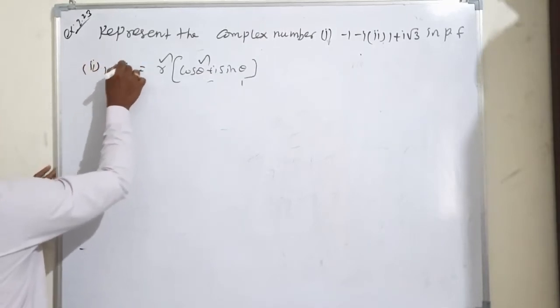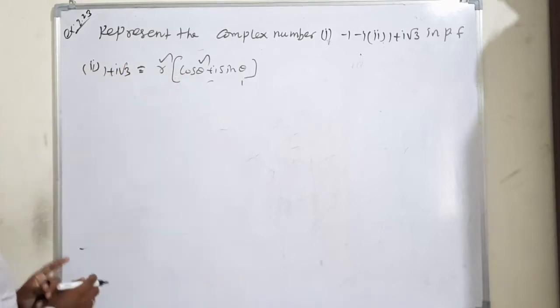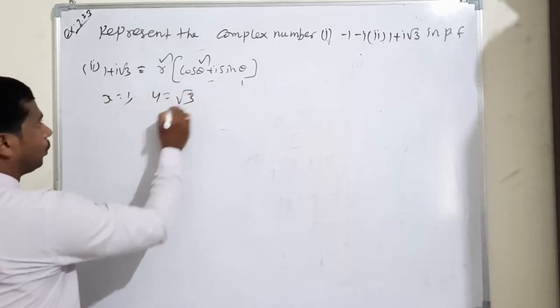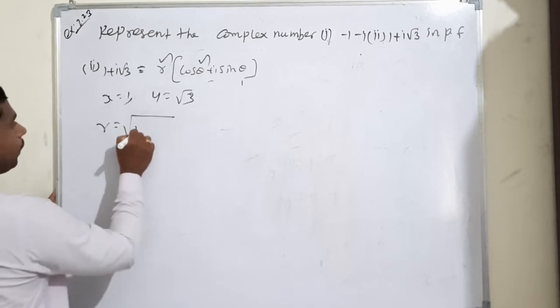The same basic form, r into cos theta plus i sin theta. What is the value of x? 1. What is the value of y? Root 3, isn't it?